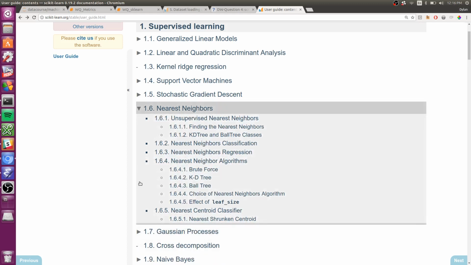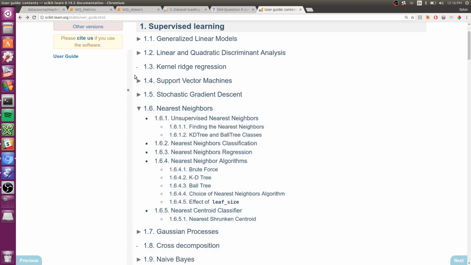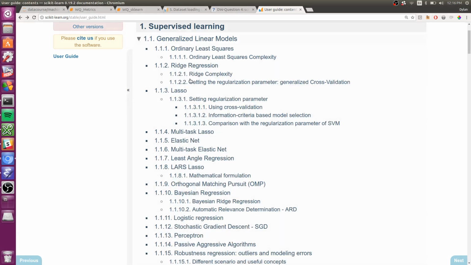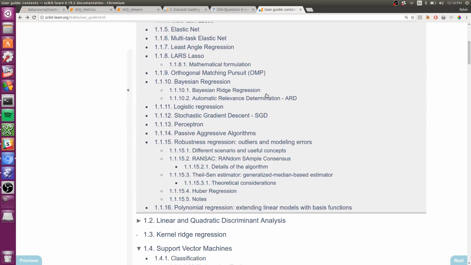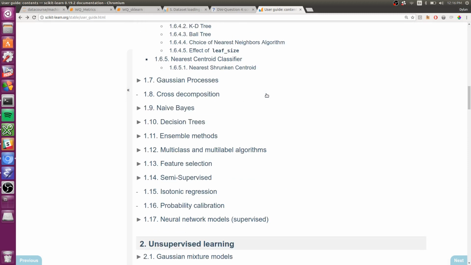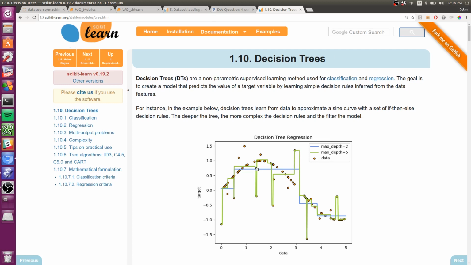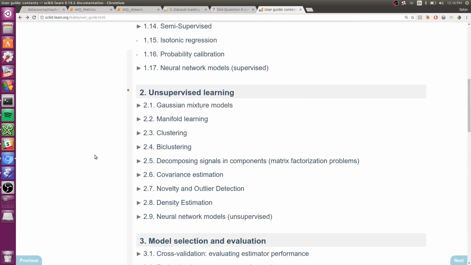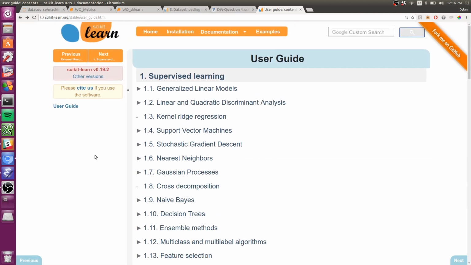Nearest neighbor models, support vector machines, linear models, all sorts of things. Decision trees, which we'll be talking more about soon. So there are a lot of components to scikit-learn.